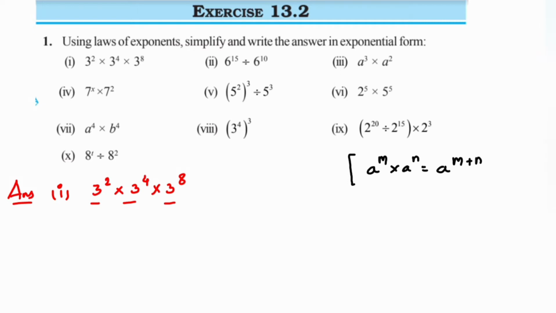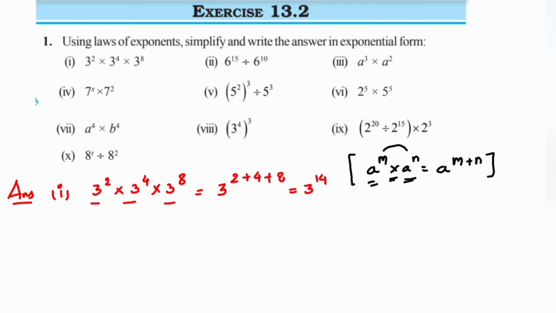When the bases are equal but the exponents are different, you just add them when doing multiplication. Same thing here. We write the same base and add up all the powers. So 2 plus 4 plus 8 gives us 14. So this is 3 to the power 14. That's it. It's a very simple one.